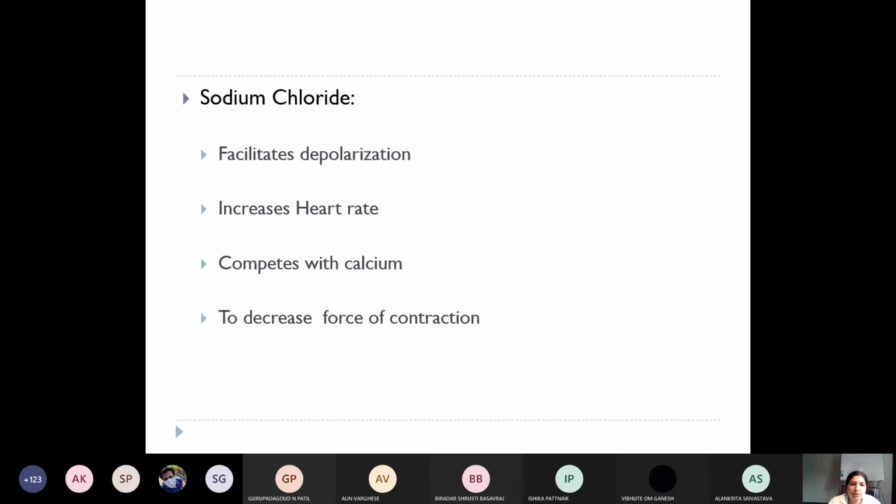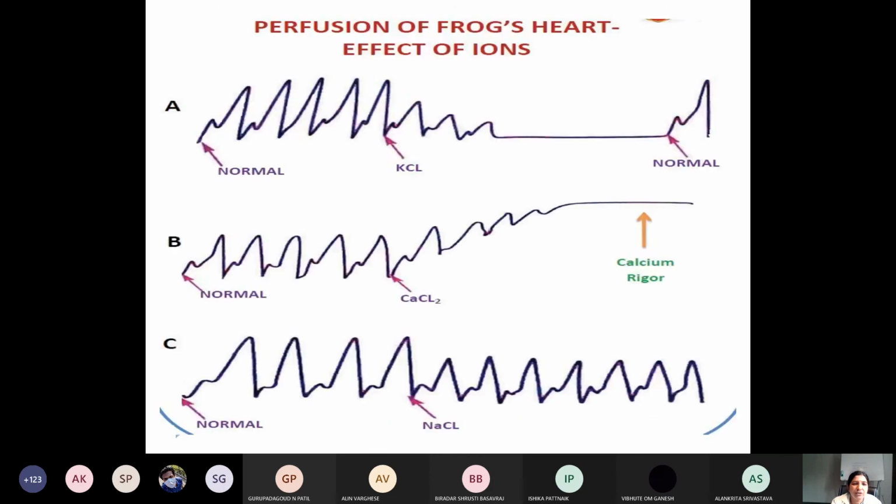So how do you interpret the effect of these three ions on the frog's heart? First you have to explain the observation of each ion, then you have to interpret the physiological basis of how these ions stop the heart in diastole or systole, or calcium rigor, and how sodium reduces the force of contraction but the heart rate is increased. You have to explain this as the physiological basis, at the molecular level, with molecular concepts.